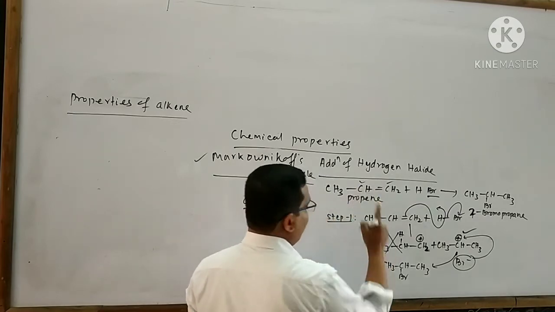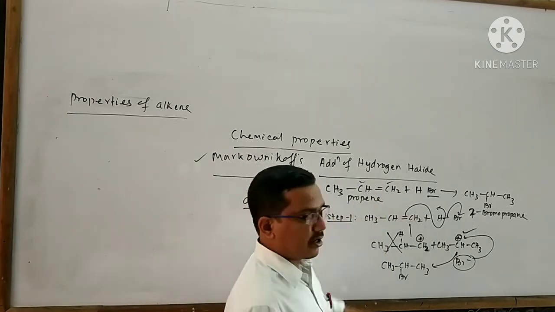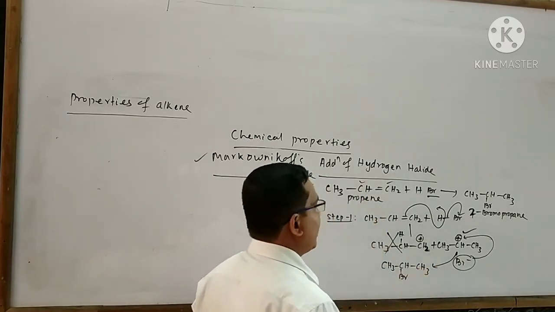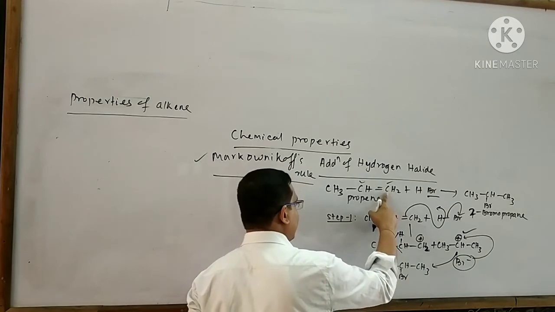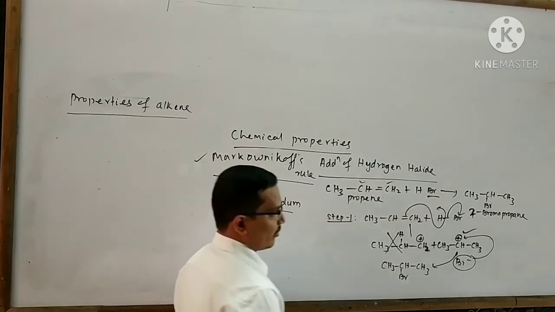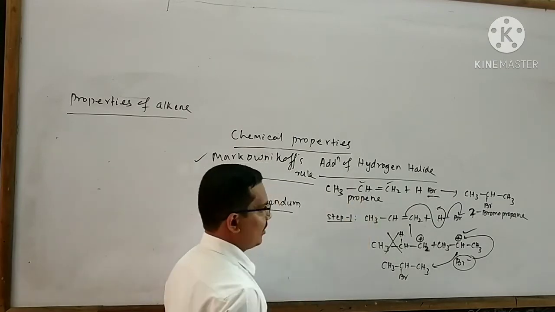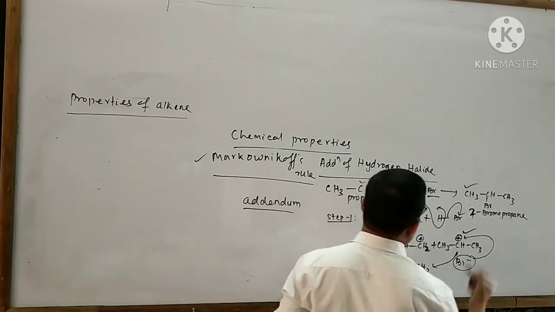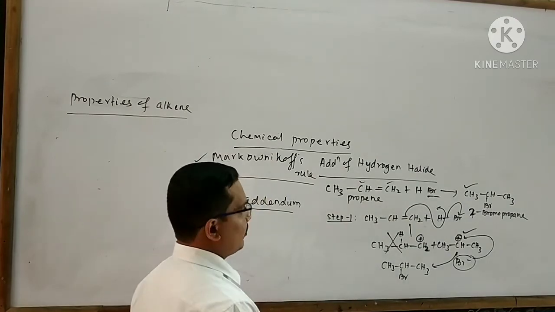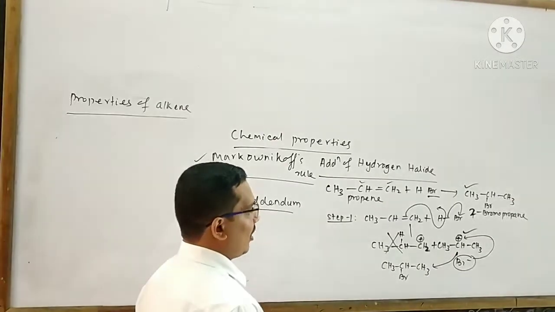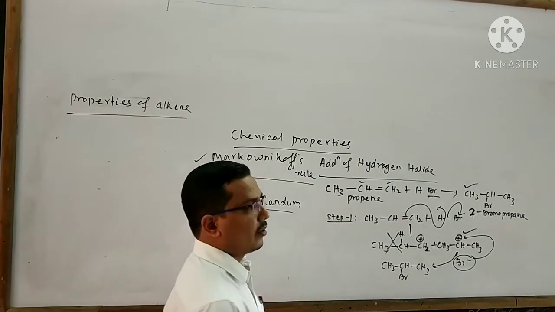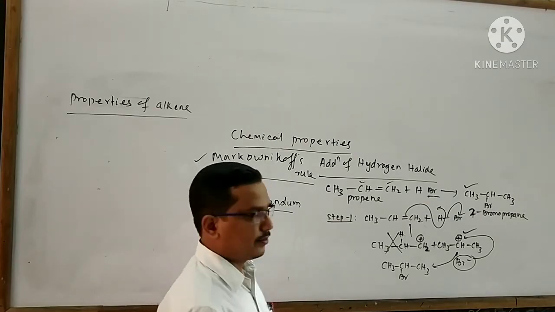This carbon atom has one hydrogen atom, this carbon atom has two hydrogen atoms. So this carbon atom carries fewer hydrogen atoms as compared to this carbon atom. So the Br minus ion will attach to this carbon atom. As a result, this product will be obtained. By applying Markovnikov's rule, you can directly predict which product will be formed, or you can proceed through the mechanism and predict which product will be formed.